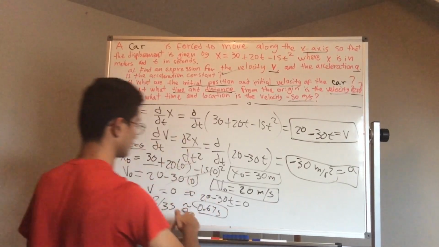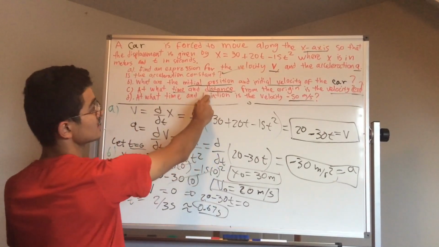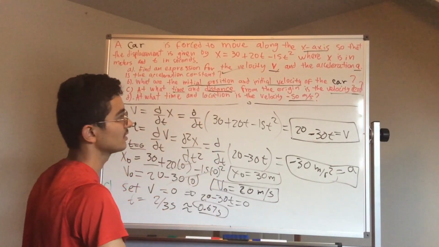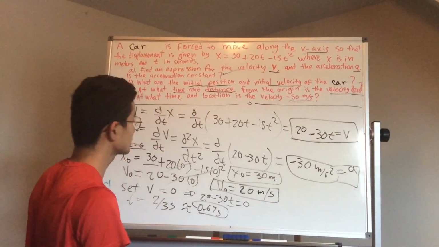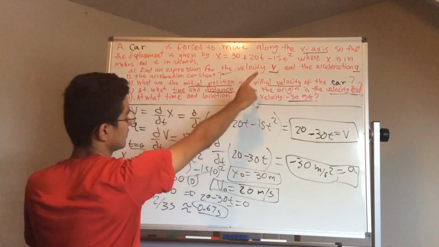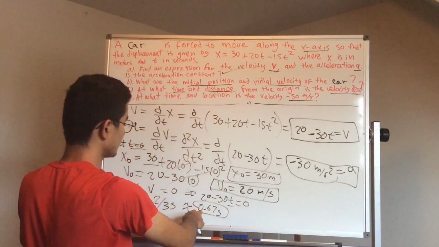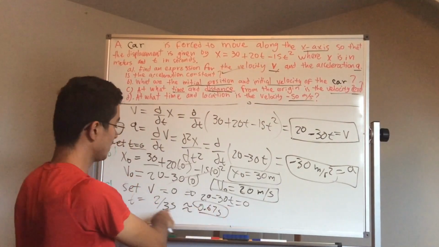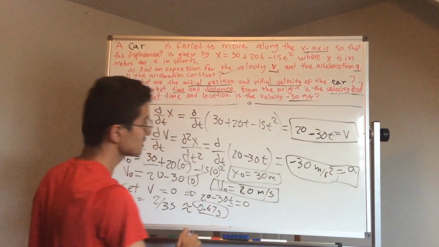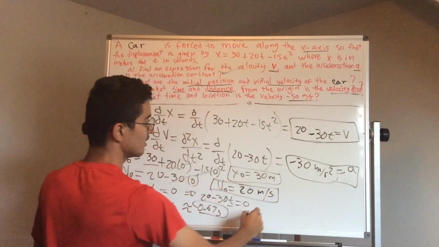Now let's find the distance from the origin when the velocity is 0.